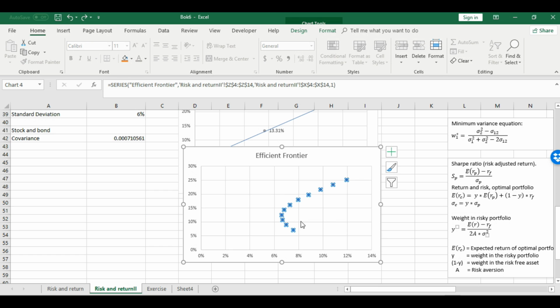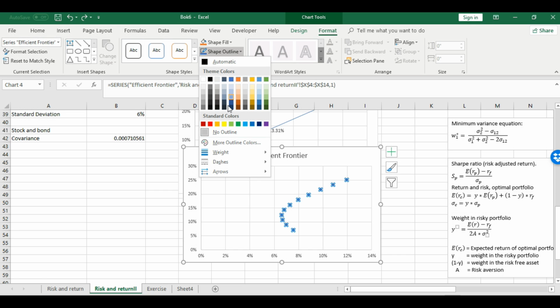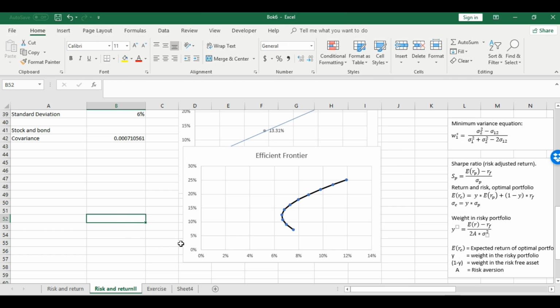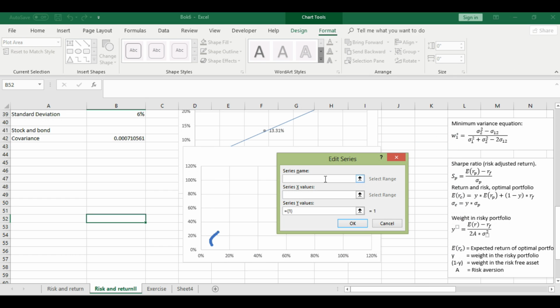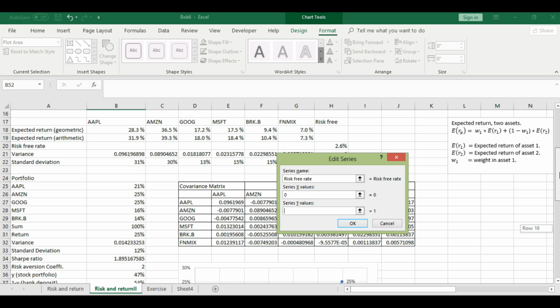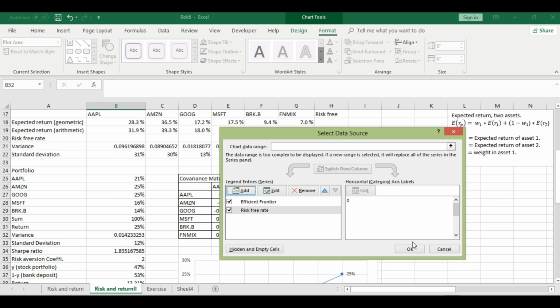Let's just add a line here. And we will add the risk-free rate. Select data, add, zero, the risk-free rate is 2.6%.